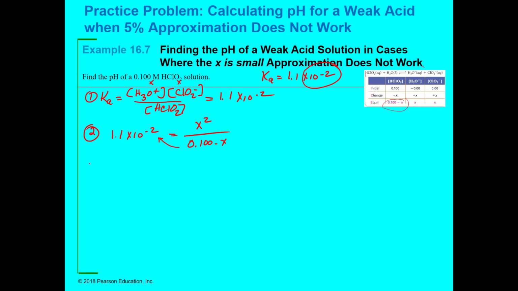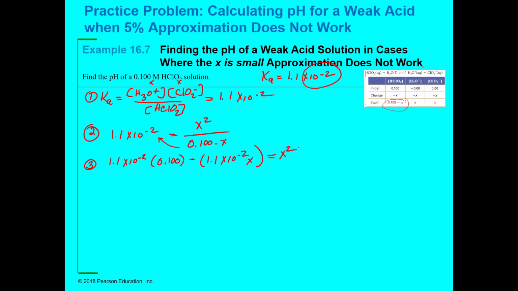So what I end up getting is 1.1 times 10 to the minus 2 times 0.1 minus, because that's a minus x, right, minus 1.1 times 10 to the minus 2 x. And that still equals x squared.